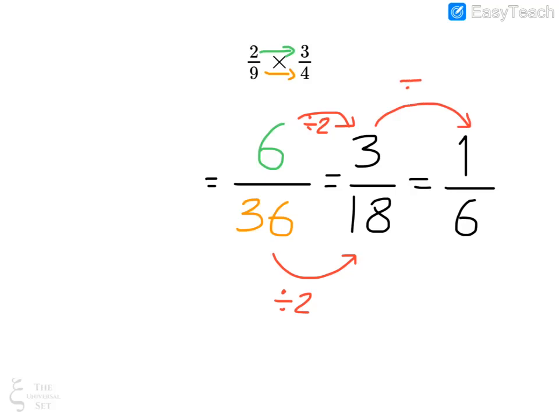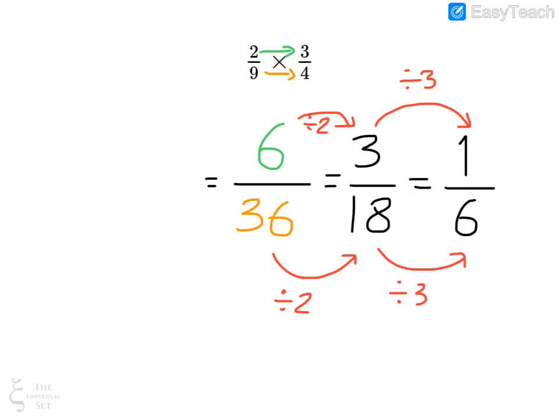I could divide by 3 on the top, and I could divide by 3 on the bottom as well. Remember, when we're simplifying, we have to divide by the same thing on the top and on the bottom. And then when I get to this final answer here, there's no more simplifying to be done because there's nothing I can divide both 1 and 6 by to make a simpler fraction. So that's where we leave it. That's my final answer. The answer is 1/6.